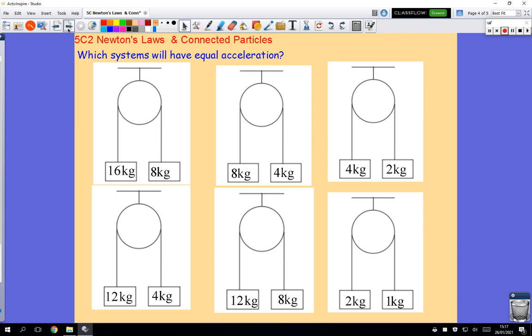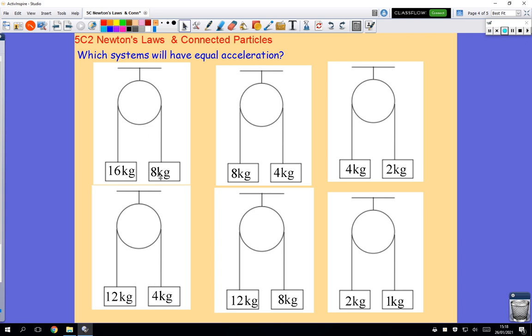So notice here 16 and 8, difference of 8, 8 and 4, difference of 4, 4 and 2, a difference of 2, 2 and 1, difference of 1, 12 and 8, a difference of 4, 12 and 4, difference of 8.